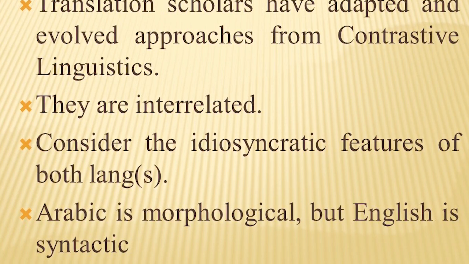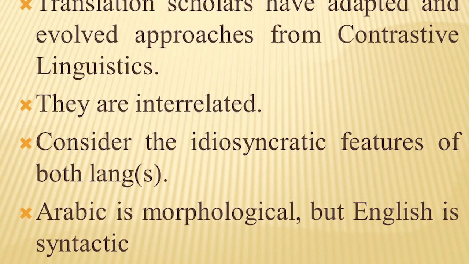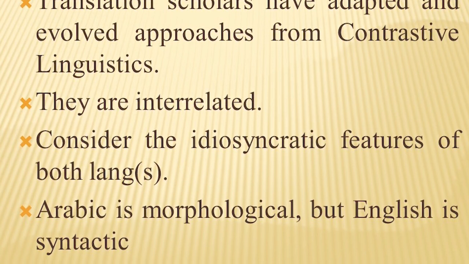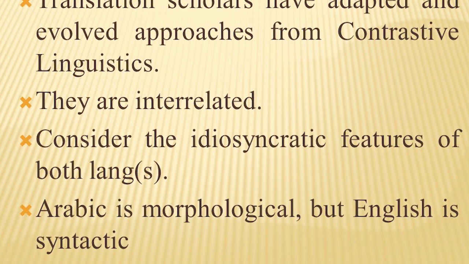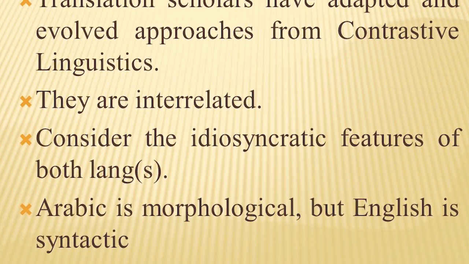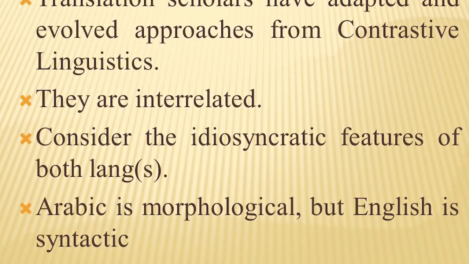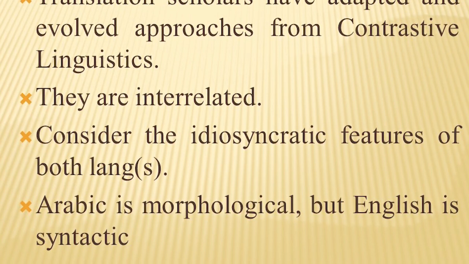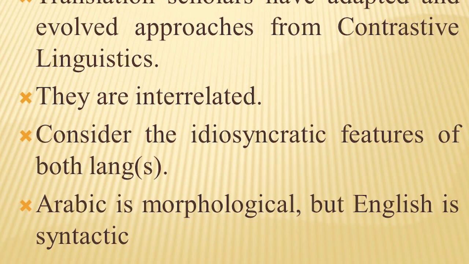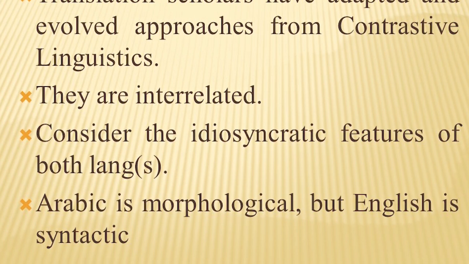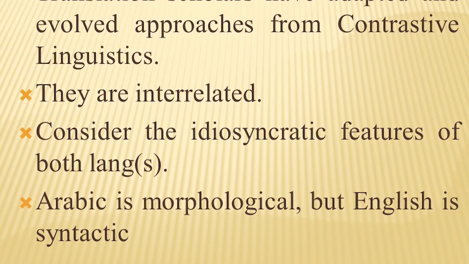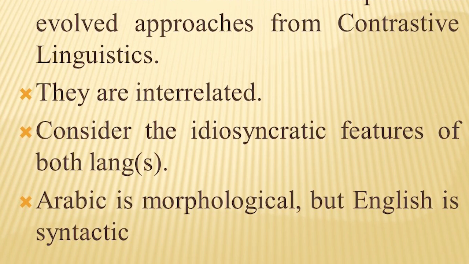This is one of the basic idiosyncratic features of Arabic, but English is what? Is syntactic. إذن واحدة من الاختلافات بين اللغة العربية واللغة الإنجليزية هي أن اللغة العربية تعتمد على الصرف ولكن الإنجليزية تعتمد على النحو والتركيب. This is a big difference between Arabic and English.